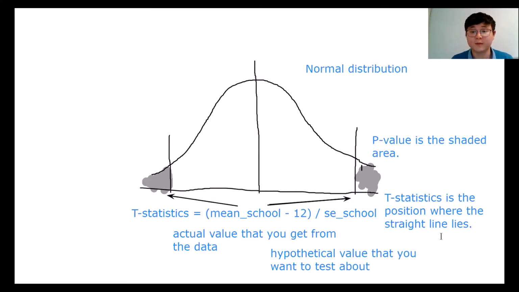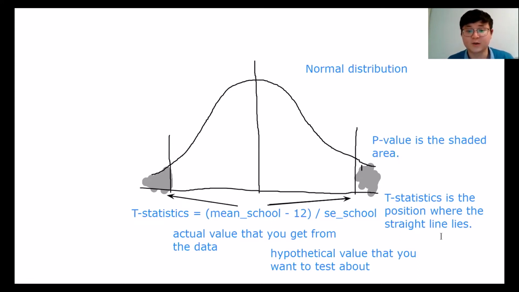Both of them are talking about, based on what your hypothesis says being true, what is the probability that the actual value appears. So it's not that you directly say that the actual value is true.